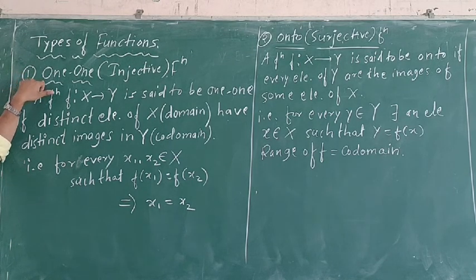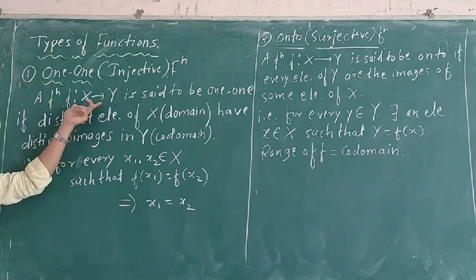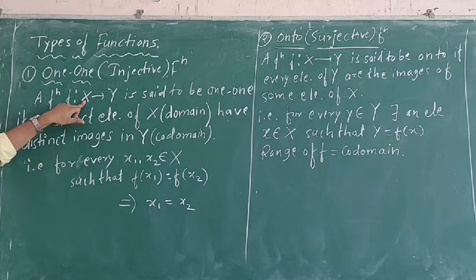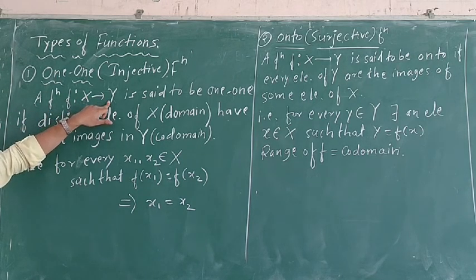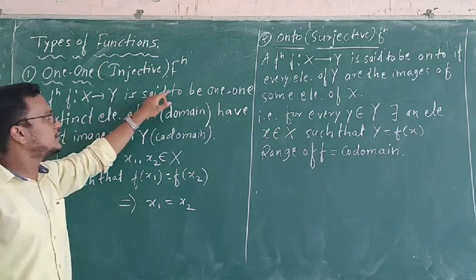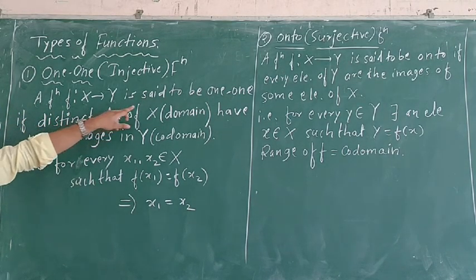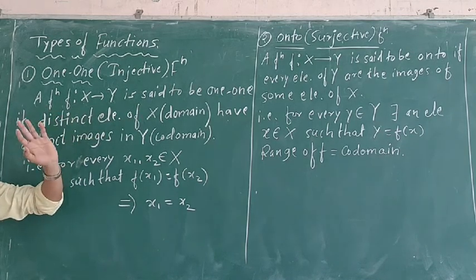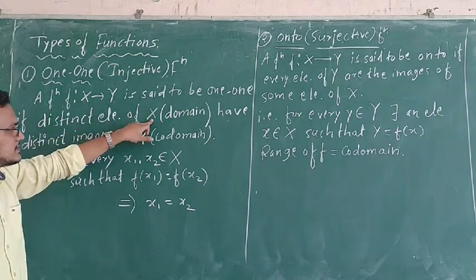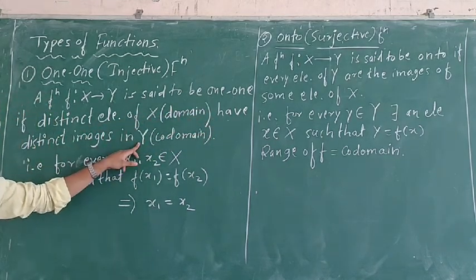When is a function called a one-one function? A function f from x to y, so this is the mapping they have given. In this mapping, as you know, x is called the domain, y is called the codomain. A function f from x to y is said to be a one-one function if distinct elements of x, distinct means different elements, distinct elements of x, that is the domain, have distinct images in y, that is in the codomain.